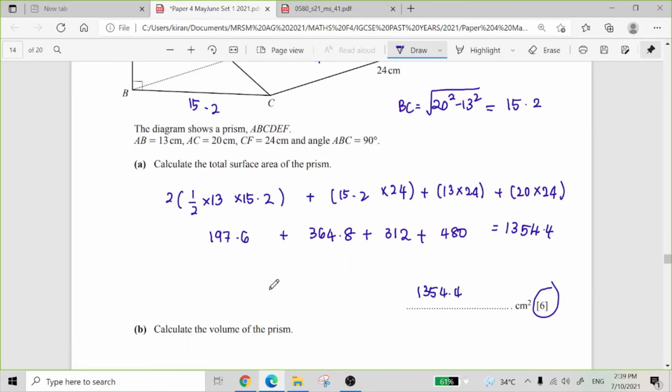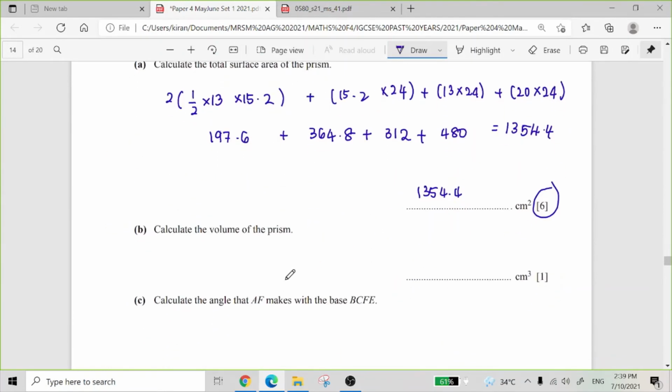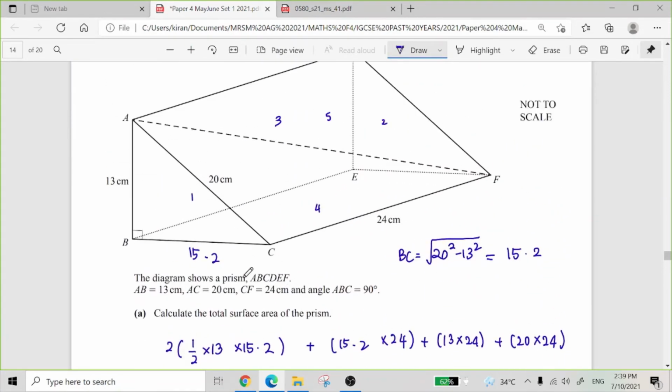We go to question B. Calculate the volume of the prism. The volume of the prism is the cross section area times the length. What is the cross section area here? It is the triangle.